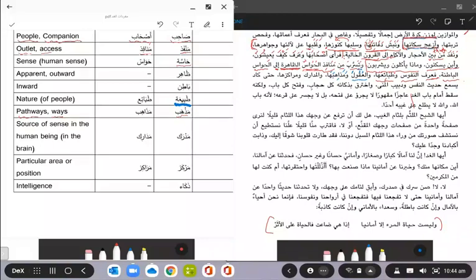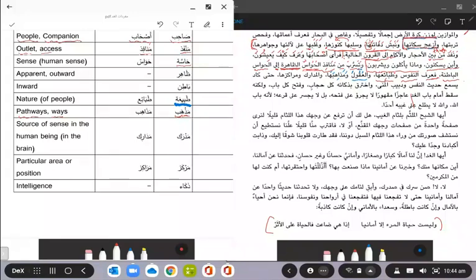In terms of sarf, what kind of a word is this? Ism zarf. Alright, so zarf, ism zaman or makan. Excellent, very good. So madhab is on the pattern of maf'al, from the thulathi mujarrad.